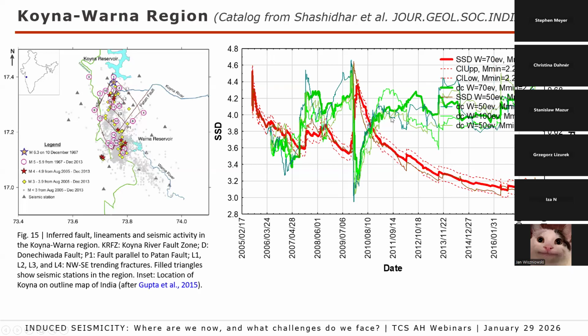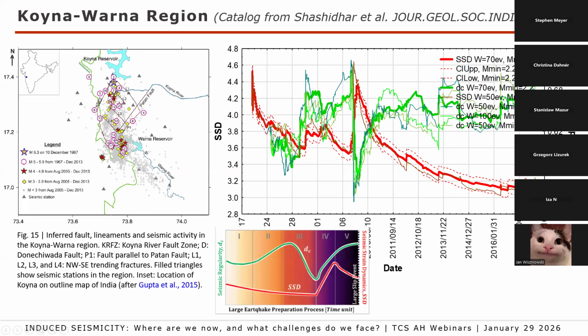So the shape is almost similar, but this shows how stable the results are. It doesn't matter if we take 15 events, 100 events, or 70 events in the window, more or less the shape and the moment of minimum of DC and maximum increase of SSD is in the same place.